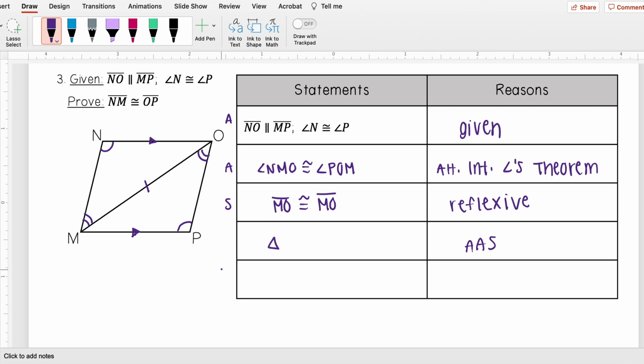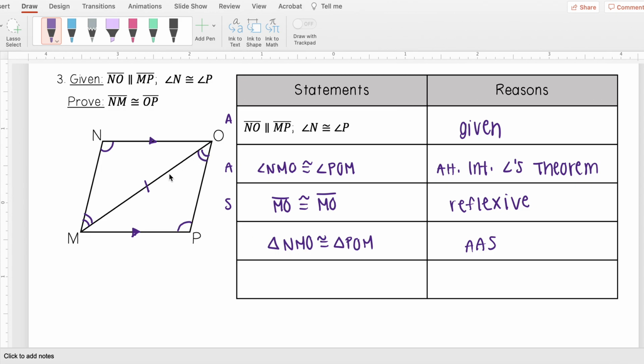And to write that congruency statement, I see I'm going to have NMO is congruent to triangle POM. And so you'll see that these ones didn't match up in the order they're in.